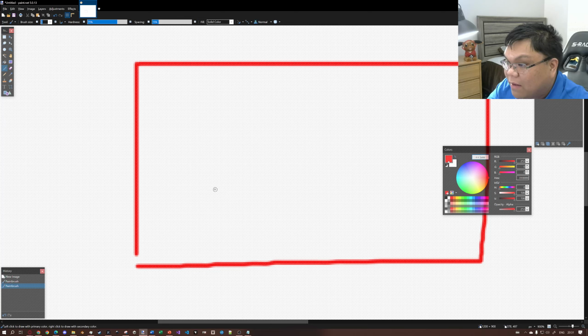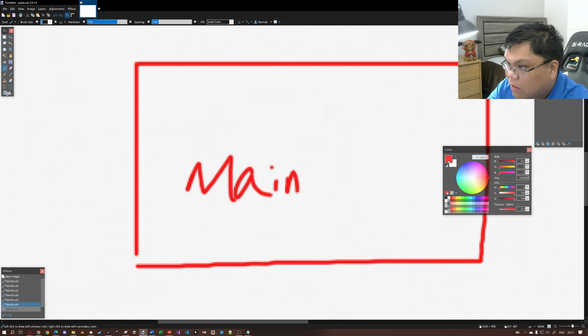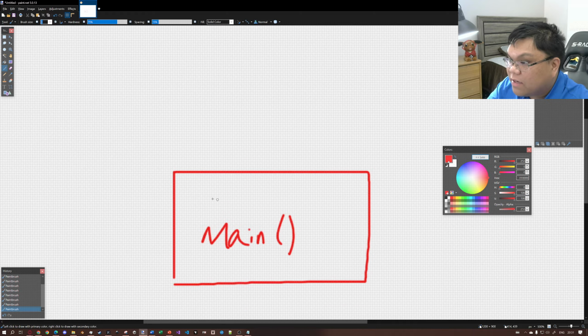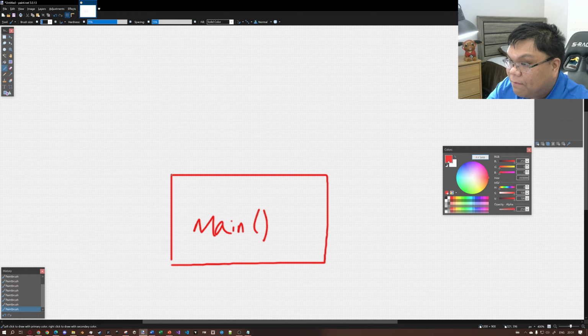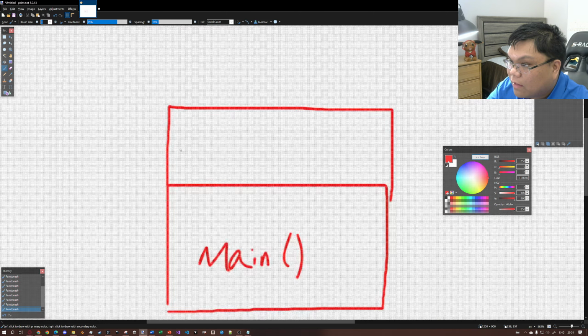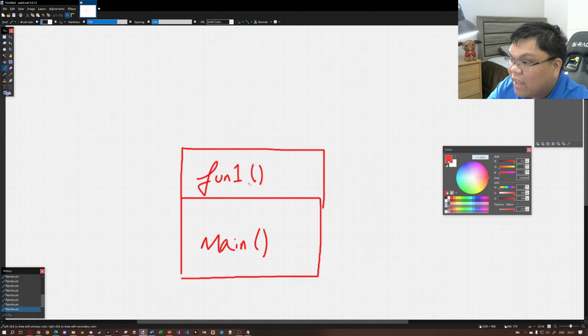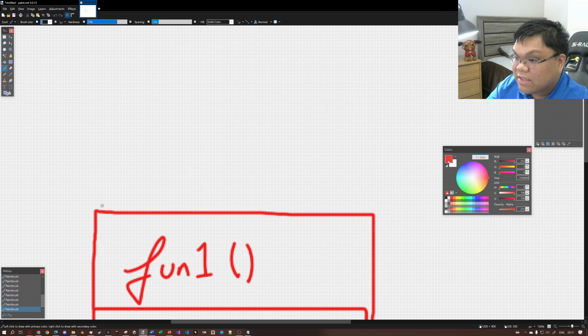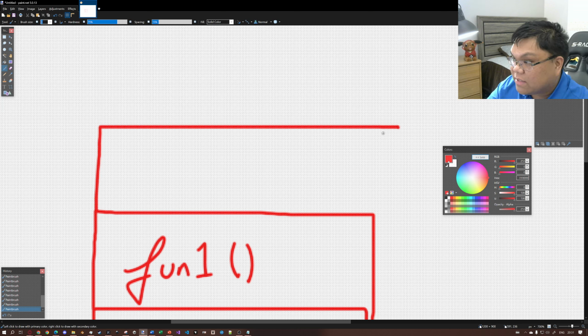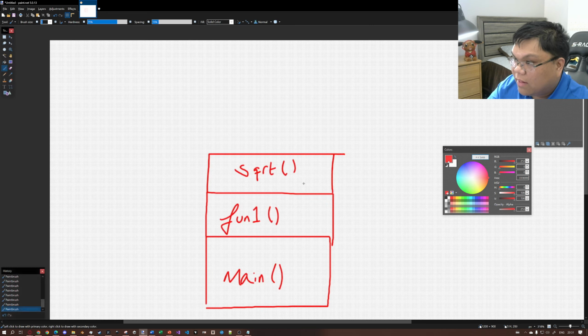It's going to have the main function. And if that main function calls some function, say it's called fun1, that gets added to the stack. And if that function calls another function, let's say it's the square root function, that gets added to the stack.